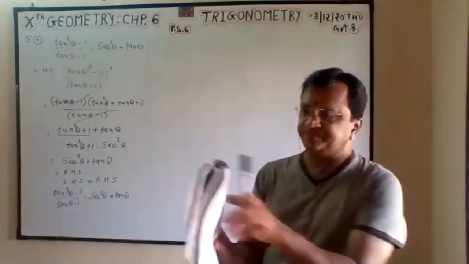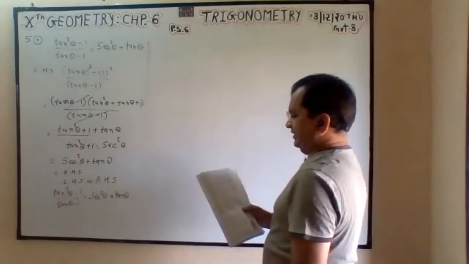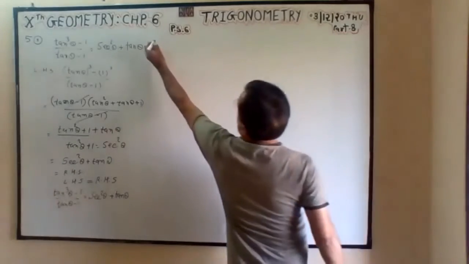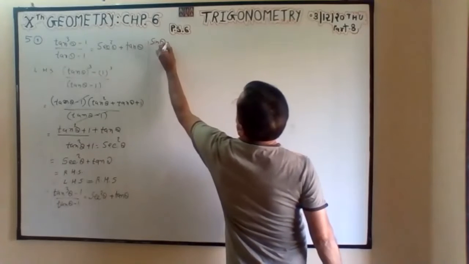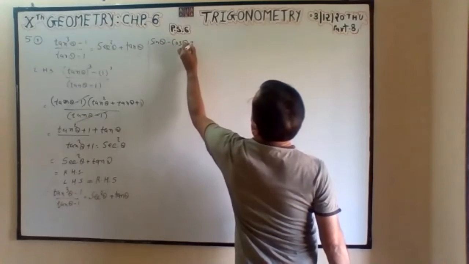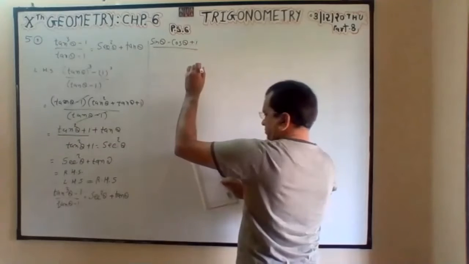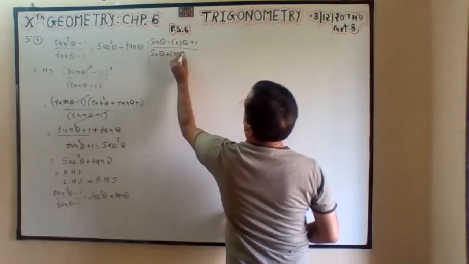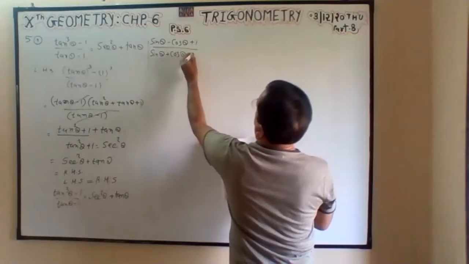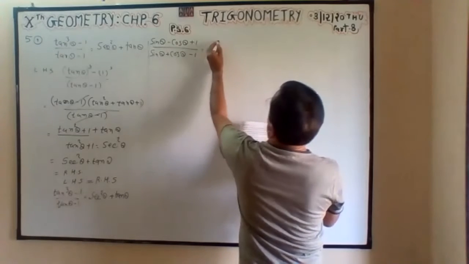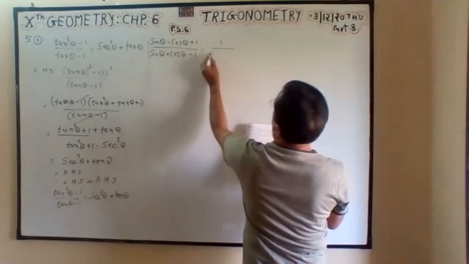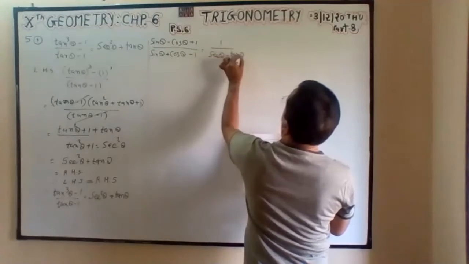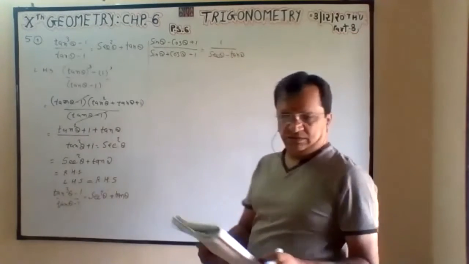Now next one. (Sin theta minus cos theta plus 1) divided by (sin theta plus cos theta minus 1) equals 1 by (sec theta minus tan theta).